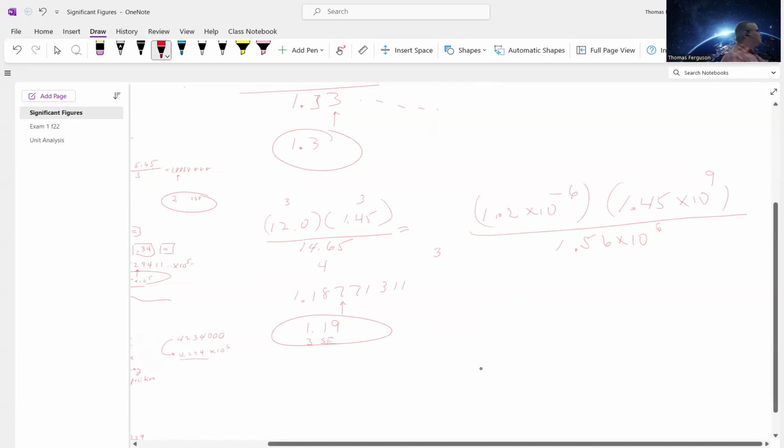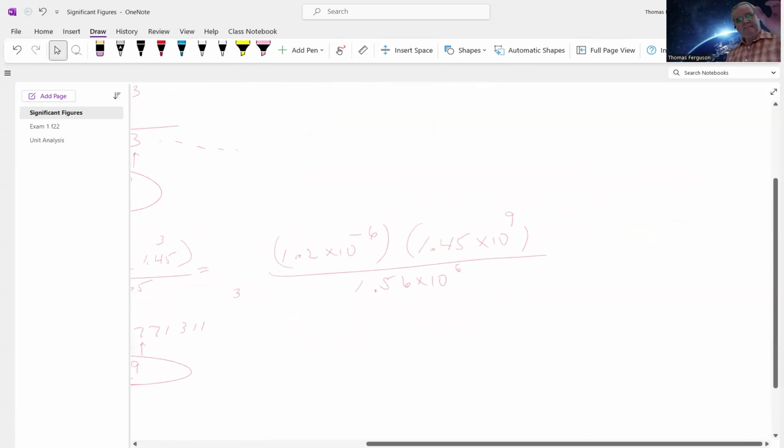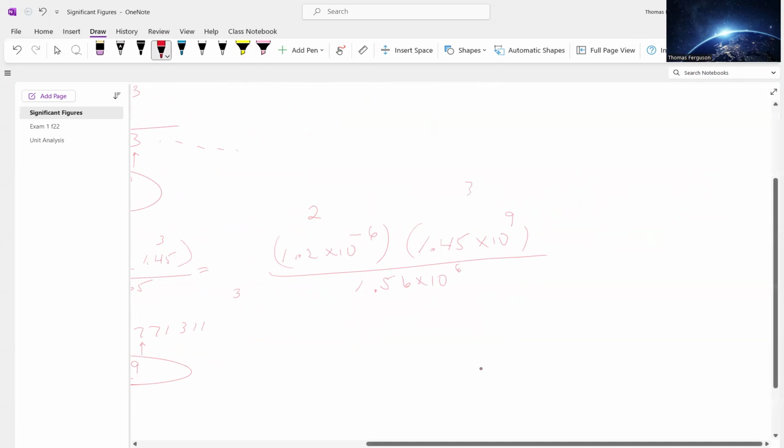All right, we've got the same sort of problem where we've got both multiplication and division going on. So we have to determine the sig figs on each one of those to determine the sig figs in our answer. So this is 2, 3, 3. So our answer is going to have 3 sig figs.